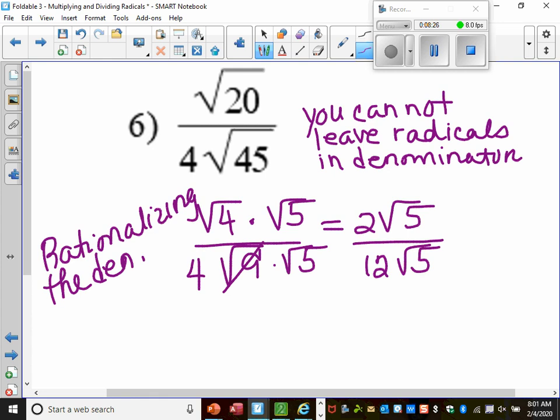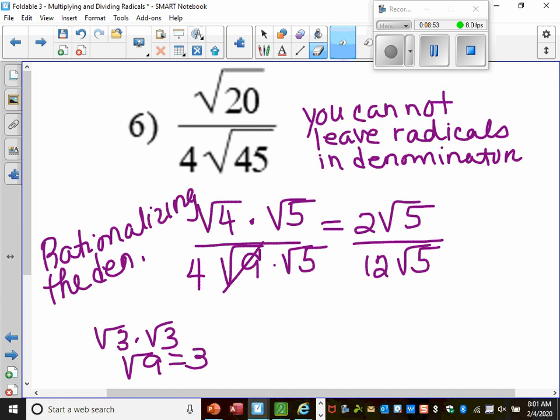We have to have a whole number down there in the denominator. So in order to do that, we multiply the radical times itself. Because when you multiply a radical times itself, it ends up being a perfect square. Think about what I just said. If I multiply rad 3 times rad 3, that's rad 9, which is 3. So it ends up being a perfect square when you multiply a radical times itself.